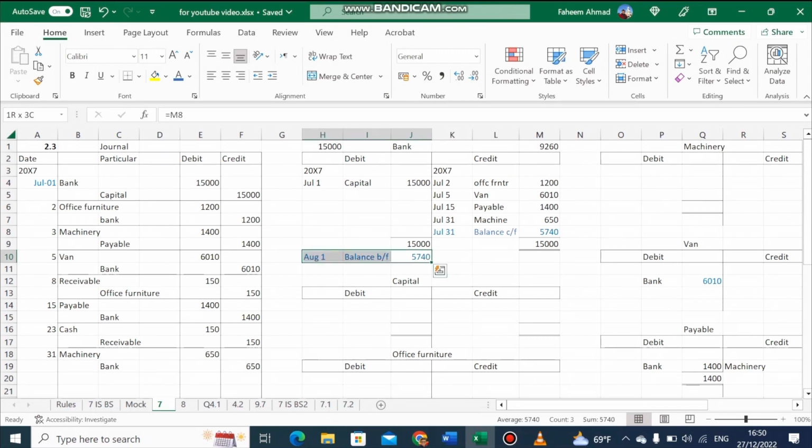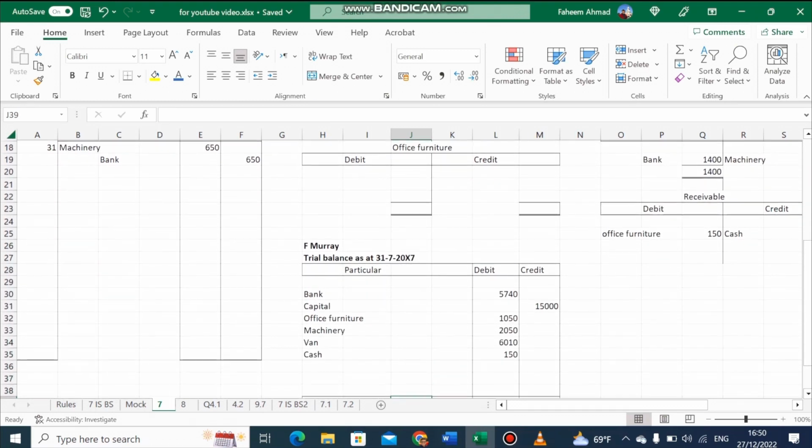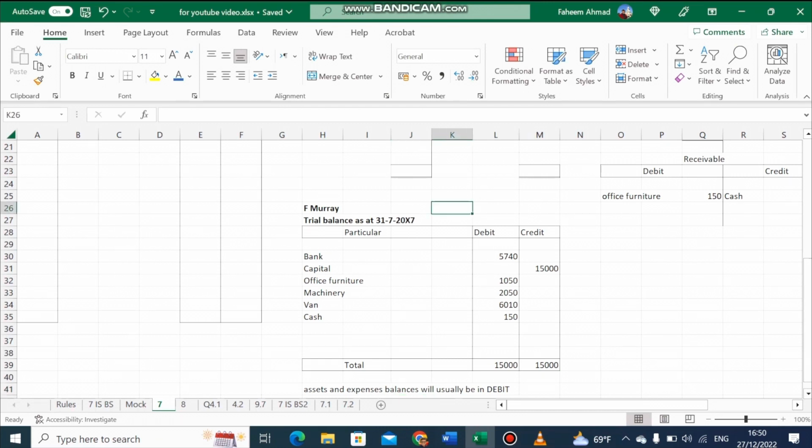I will take this balance of 5740. 5740 is the closing balance for bank. I will take it and I can prepare this trial balance. This is an initial trial balance.